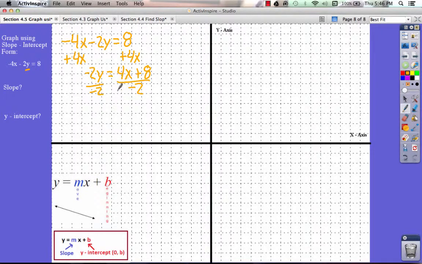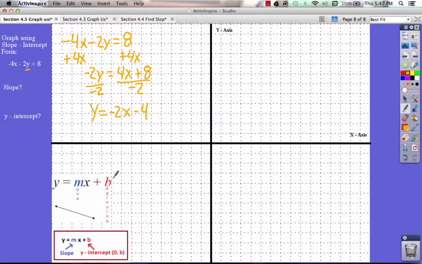I used that notation earlier. Remember, you could just divide this by negative 2 and this divided by negative 2. It's the same thing. So that's y equals, well, what's 4 divided by negative 2? Well, 4 divided by 2 is 2. Positive, negative, negative 2. So 4 divided by negative 2 is negative 2x. Plus 8 divided by negative 2, which is negative 4.